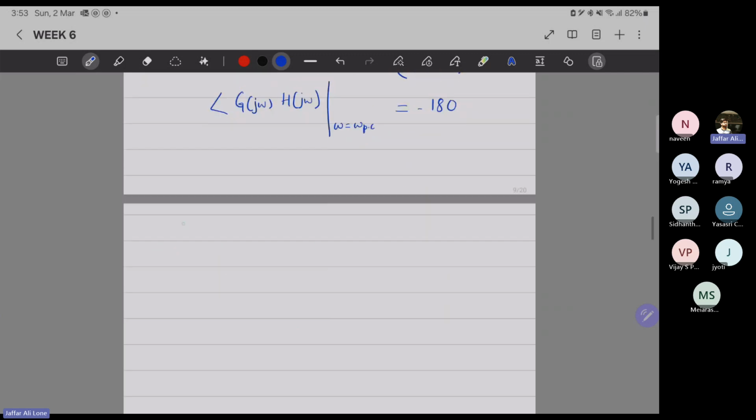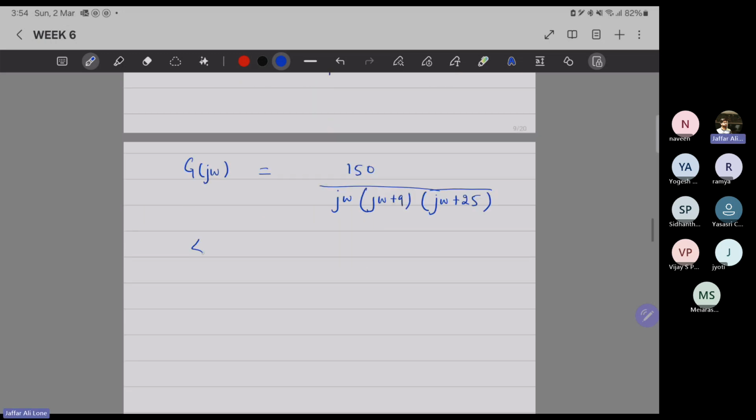So I'll write G(jω) is equal to 150 divided by jω plus 9 into jω plus 25, right? So what will be the angle of G(jω)? The angle will be minus 90 degrees minus tan inverse of ω by 9 minus tan inverse of ω by 25, right?